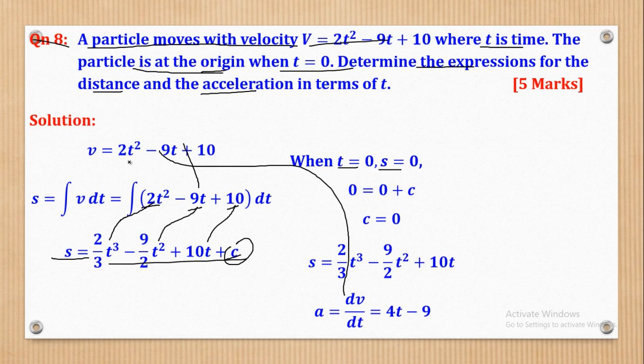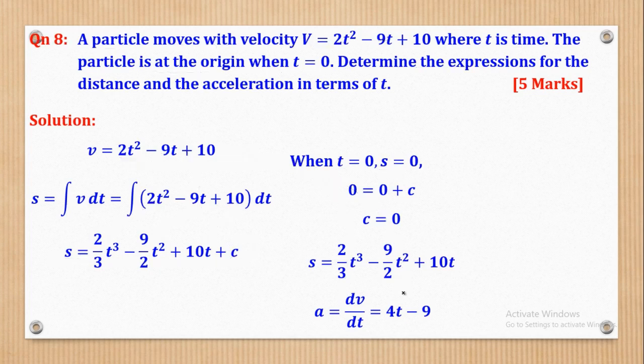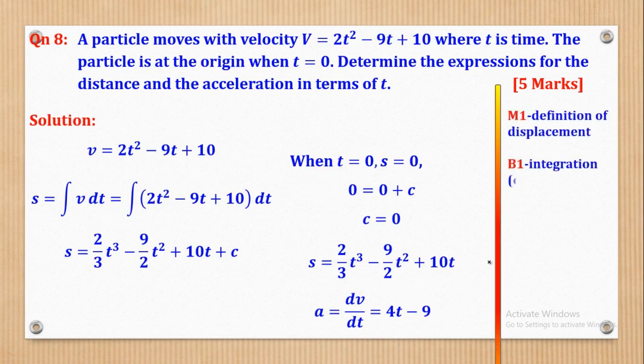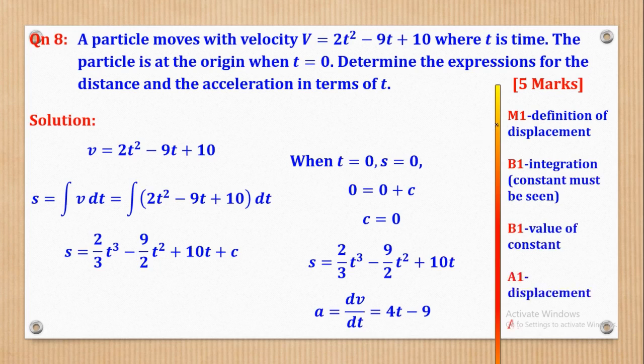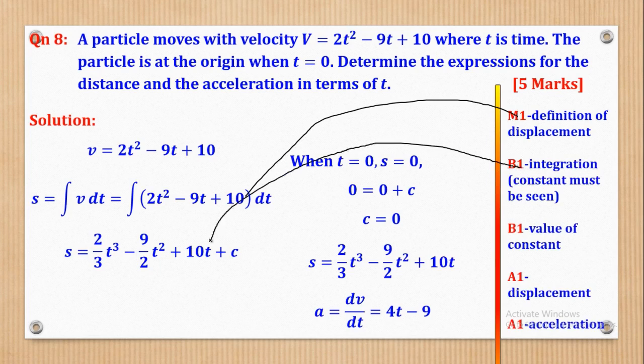So when I differentiate this, I'll come up with 40 minus 9. So basically that is what they wanted. So M1 for this definition, B1 for this integration, B1 for the value of c, A1 for the expression, and this for the expression.